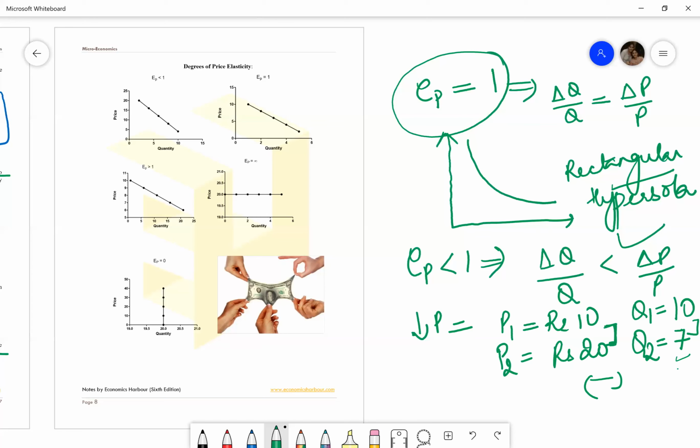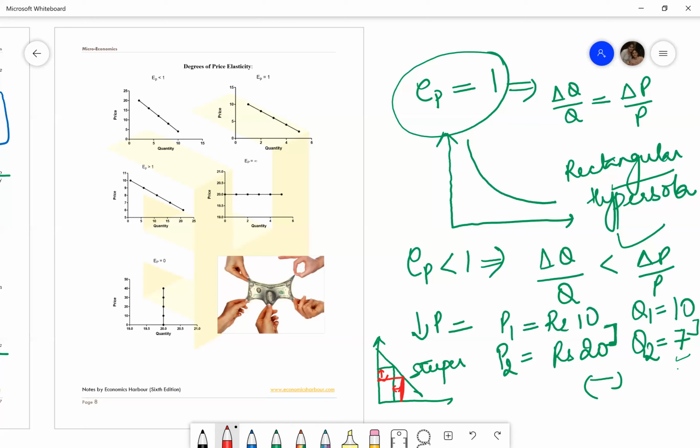So the demand curve in this case will be a steeper one. Even though the price is decreasing more, the quantity demanded increases less.